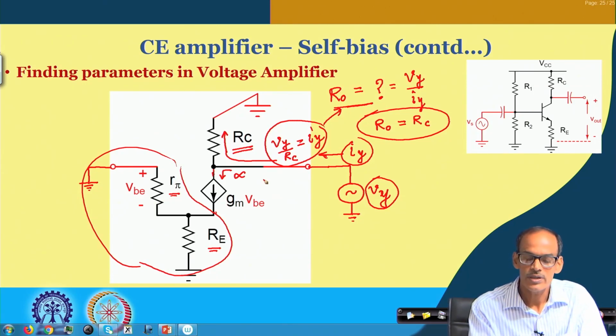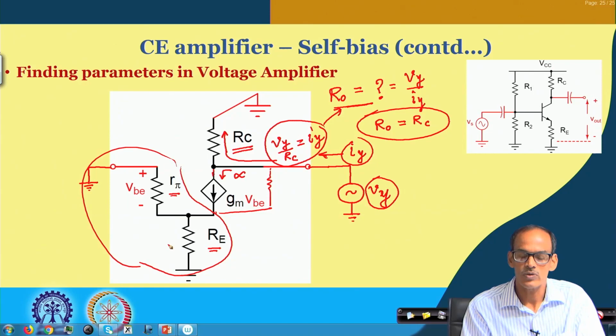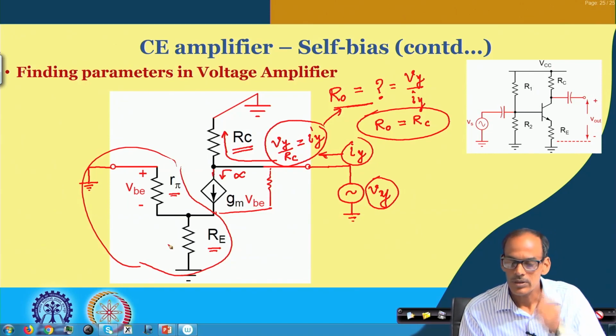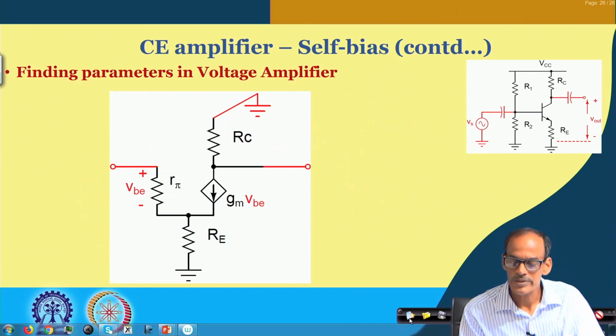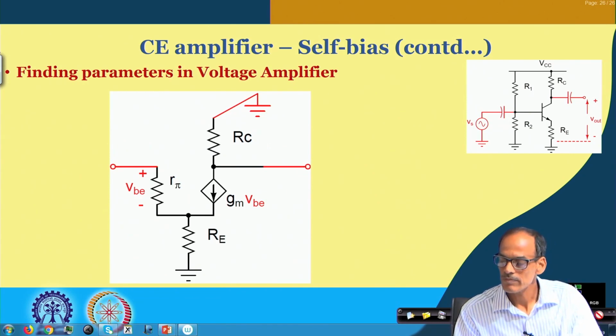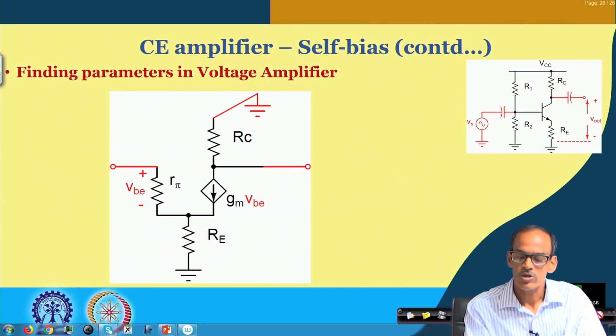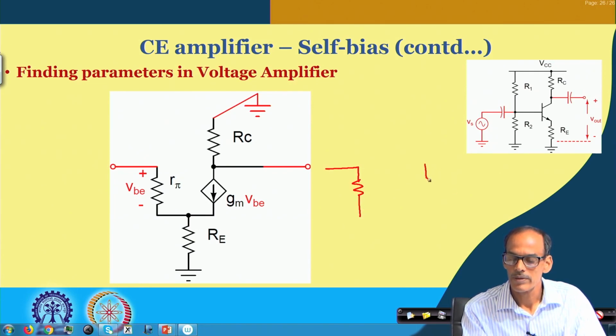Now, if I consider the additional conductance, of course, we will have the influence of this part also. We will see that, but so far what we have discussed is that this amplifier can be mapped into the small signal model of a voltage amplifier.